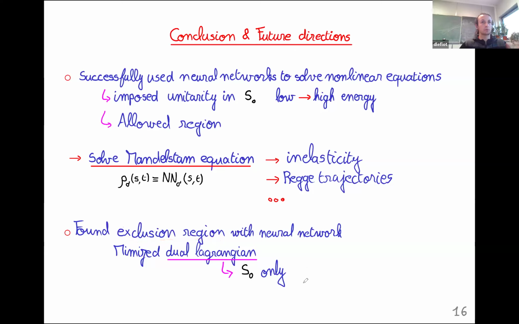I just want to mention that we were able to apply this dual approach using a neural network. We did that by minimizing the dual Lagrangian parameterized by our neural network, and we were able to find results which match the other dual approaches.